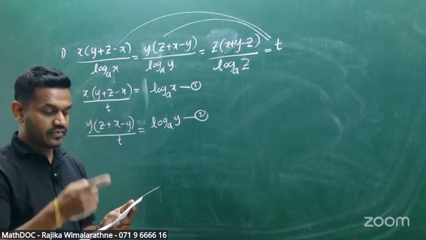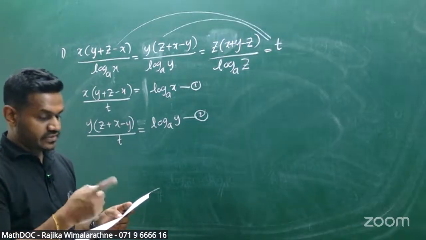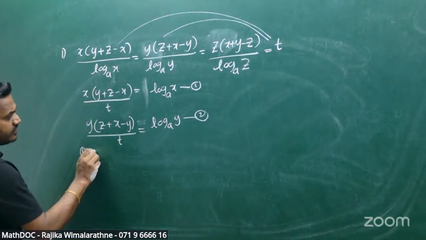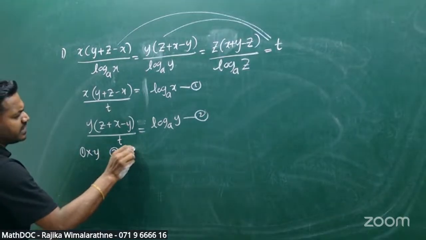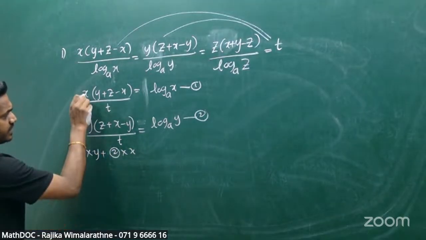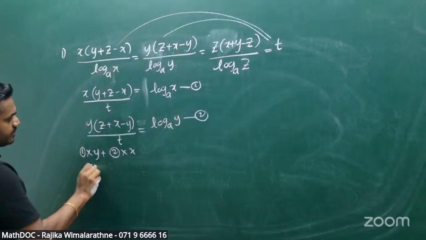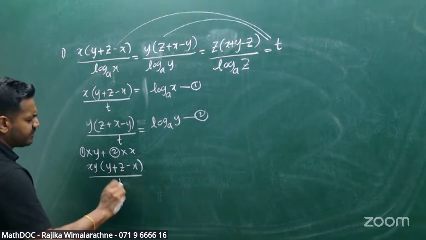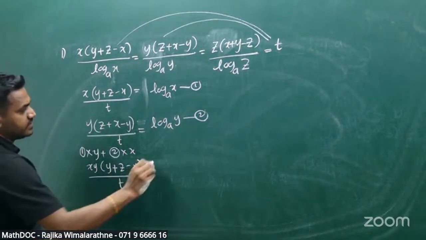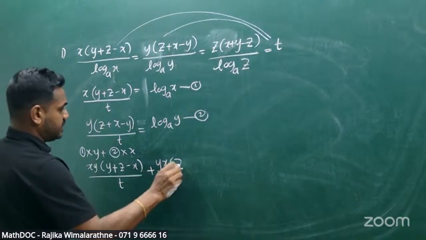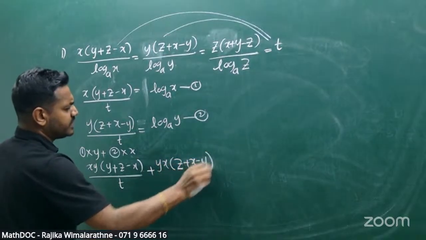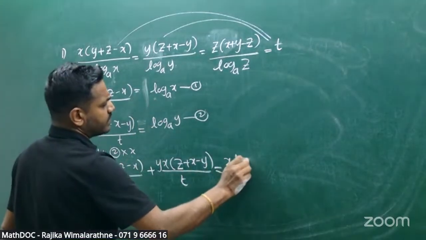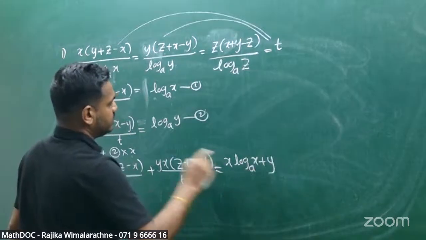We need x to the power y and y to the power x. Here, 1 multiplied by y, 2 multiplied by x, and add it. Then here xy, y plus z minus x over t. Here multiply by x, yx, z plus x minus y over t. Here x log a base x, here y log a base y.